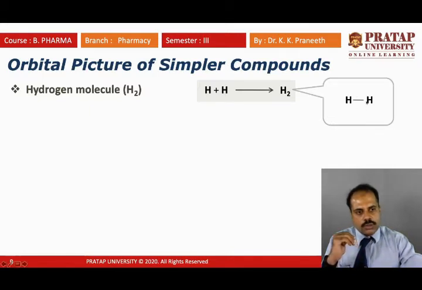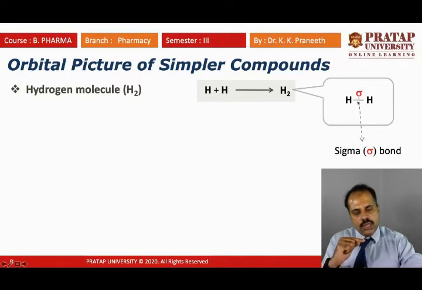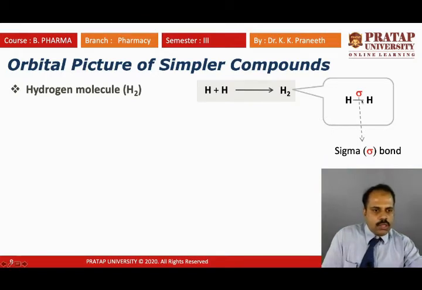You must have studied in higher school that this bond is called a sigma bond, shown here in red. A single bond is normally a sigma bond, and a double bond has two bonds, one sigma and one pi bond. Here only one bond is present, which is a sigma bond, with the symbol σ. So this is the rough structure of the hydrogen molecule.